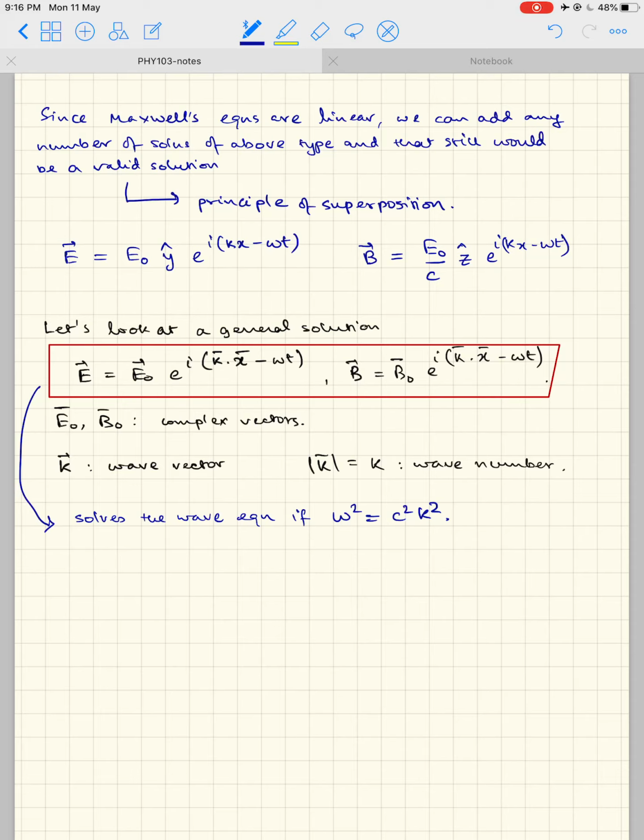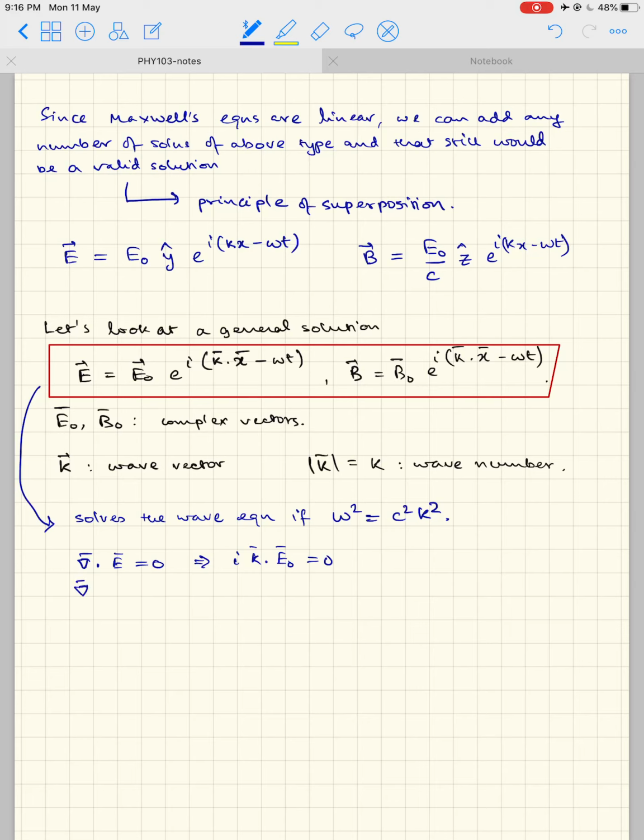So let's do that. Del dot E equal to 0 is going to give you i k dot E naught equal to 0.